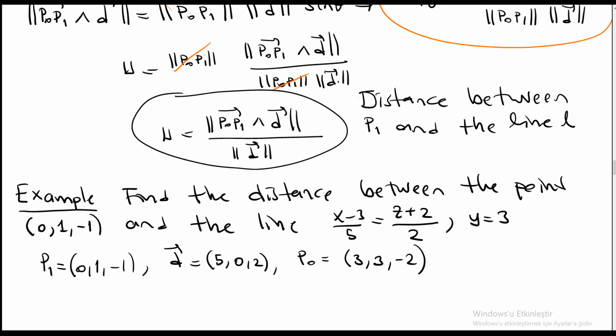Okay, first let me find the P sub 0 P1. So this one will be negative 3, negative 2 and 1.